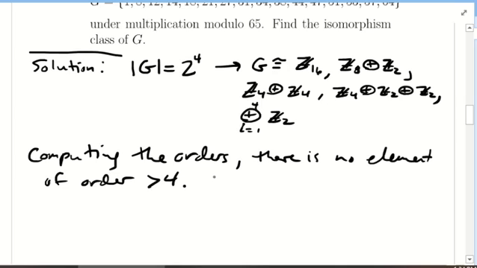So we can already eliminate this one and this one from the list. And actually, there is an element of order 4. What is it?